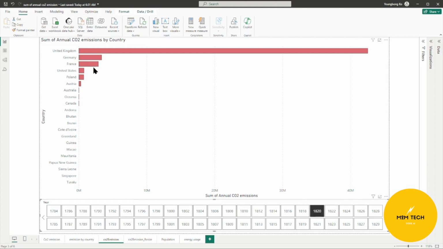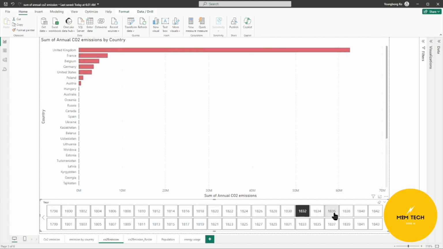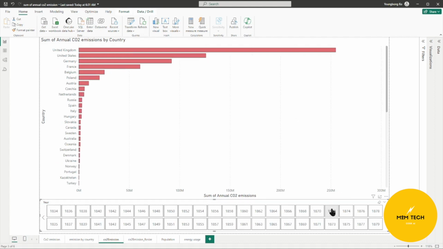It's not very significant. While still the United Kingdom is just overwhelming the other countries. It goes until 1872, 76, 78.